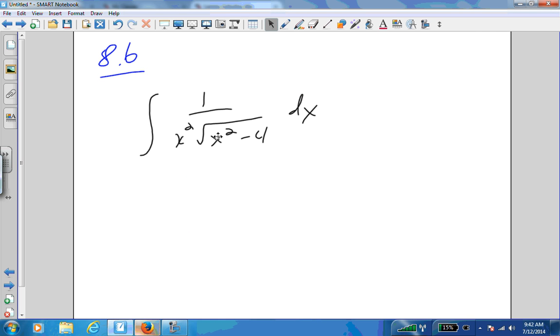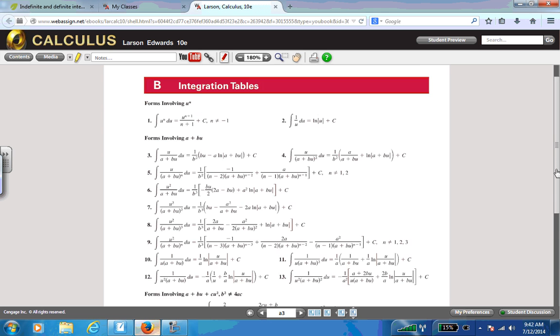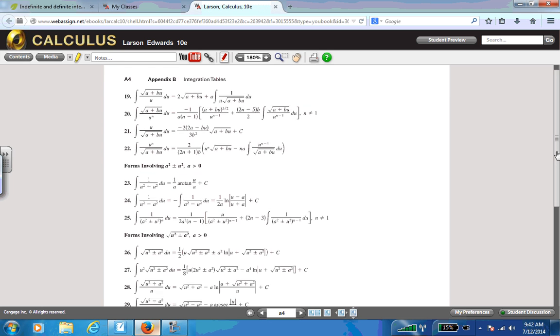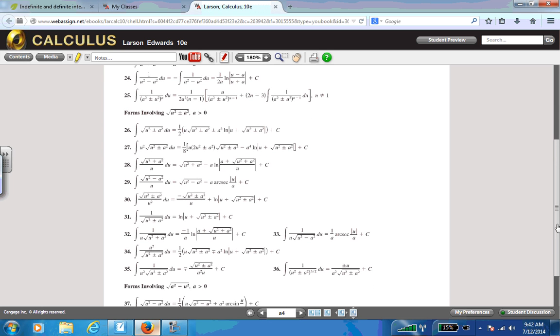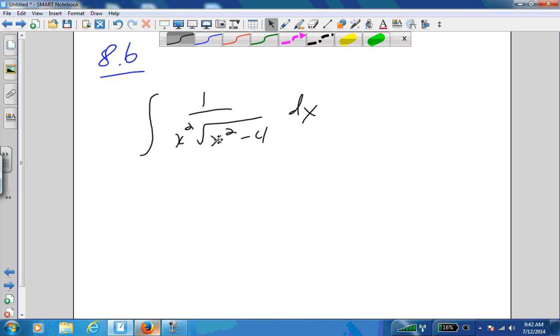So ours has a variable squared, or a variable minus a constant, and it looks like those could be squares. If we look through these, here we have a set that has a variable squared minus, or could be plus, a constant squared. So notice ours, this and this match.